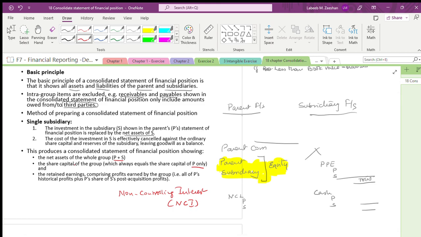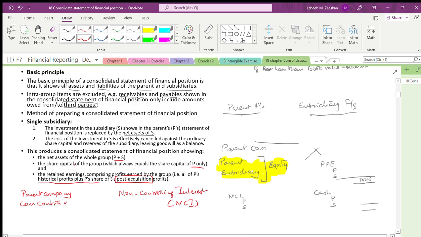The retained earnings comprise the historical profits of the parent company and the post-acquisition profits. I told you just now, pre-acquisition profits and post-acquisition profits. The parent company can control only the post-acquisition profits. After I purchase, whatever profits there are belong to me.